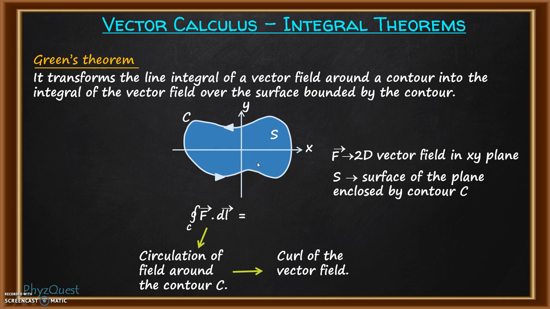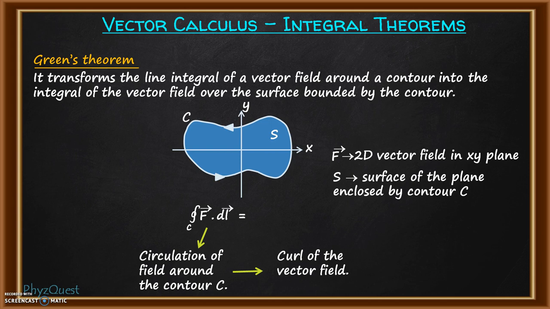That is because of the right hand thumb rule. To have a non-zero value of the curl, we must have the z component for the xy plane. So the z component of the curl of the vector field will be, in this scenario, del Fy by del x minus del Fx by del y.